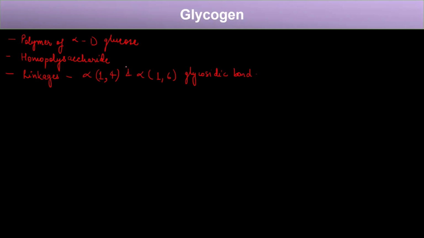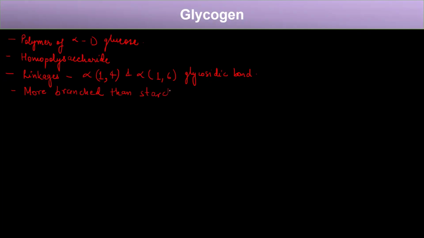Now, if you remember, the starch that we studied in the last class also consists of alpha D glucose as a monomeric unit, and it also has alpha 1,4 and alpha 1,6 glycosidic bonds. So what's the difference between starch and glycogen? The first difference is that glycogen is more branched than starch.